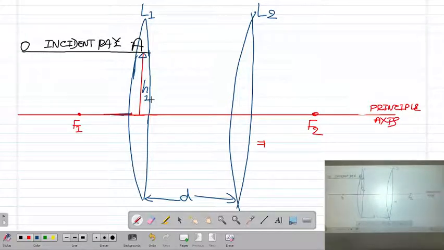So let us send a ray of light OA traveling parallel to the axis.